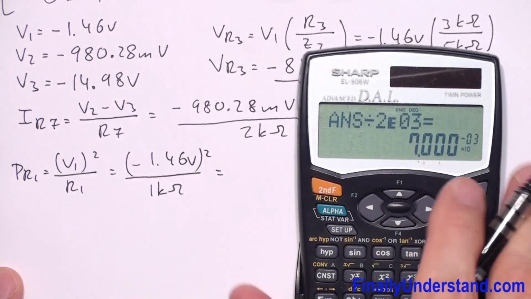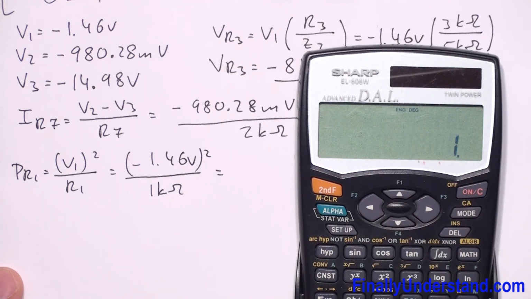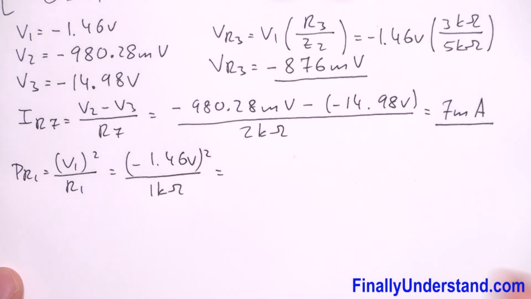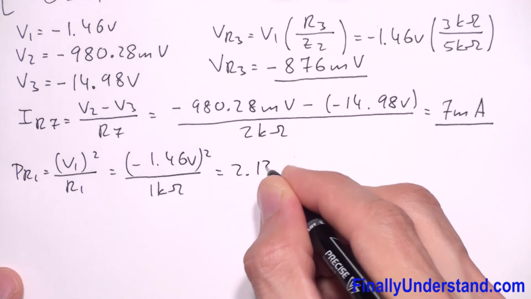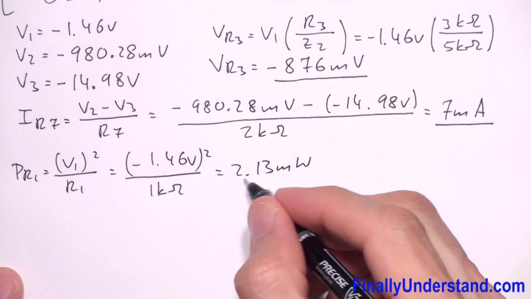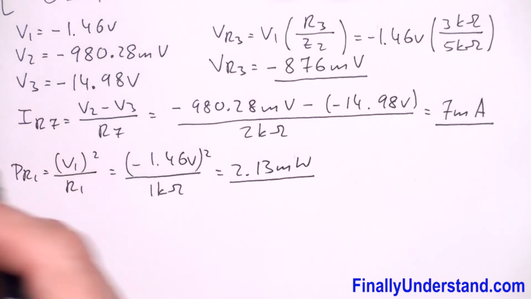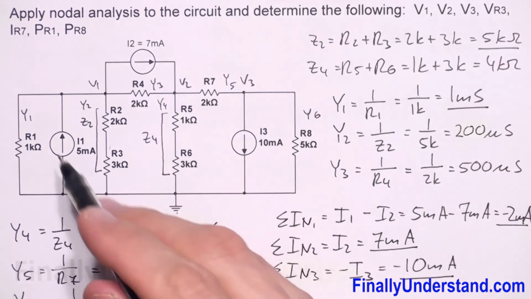This is equal to negative 1.46 raised to the second power divided by 1 exponent 3. This is equal to 2.13 milliwatts. Okay, so this is the power at resistor R1.